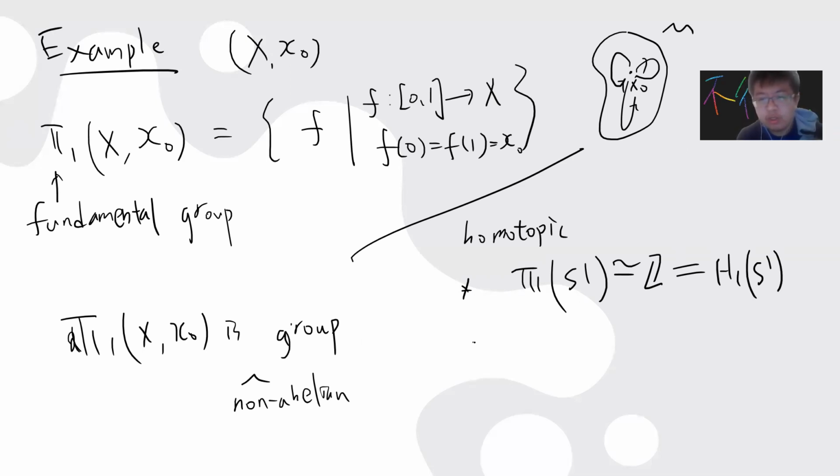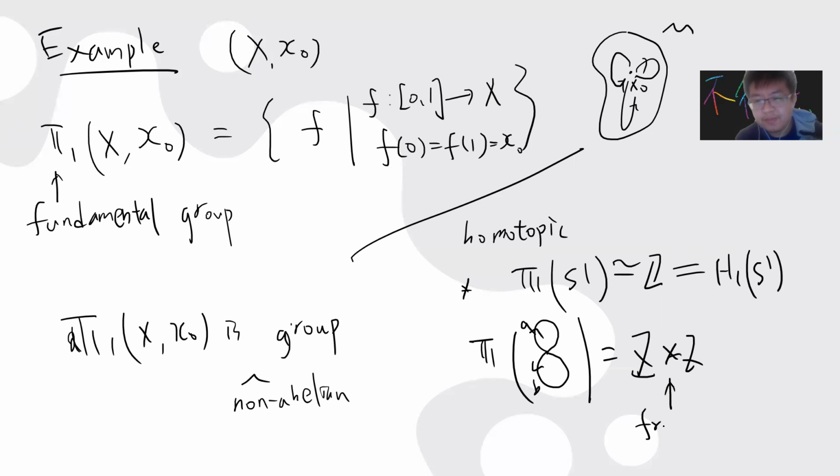For example, if you compute pi1 of the figure 8, and let's say this path is A, this path is B, you can check that if you go A and go B and go A, they are different. So this group is Z with the so-called free product. I just gave a very quick example.